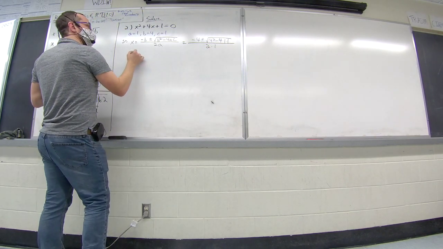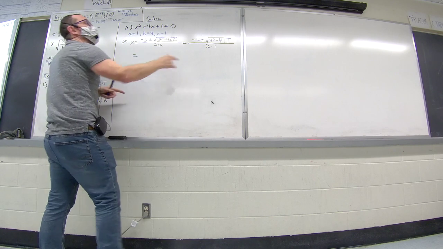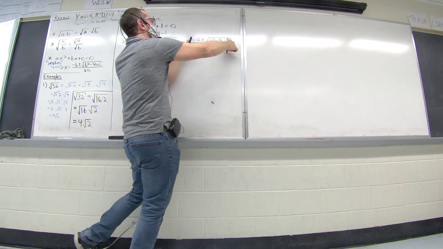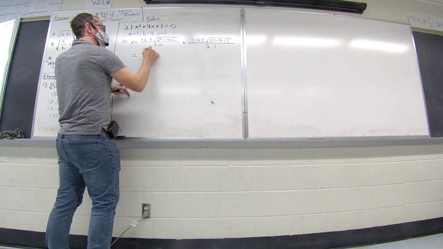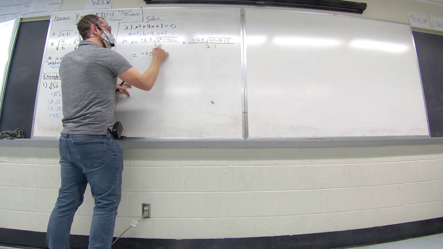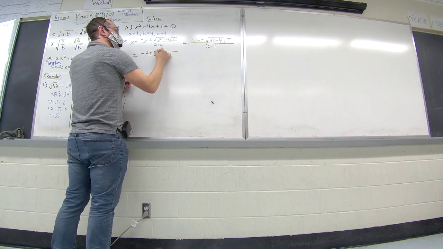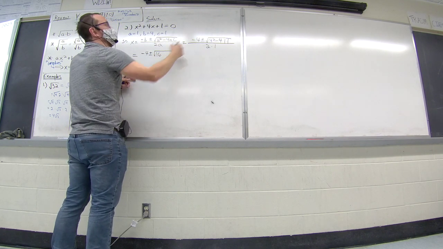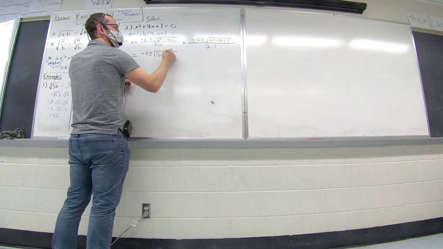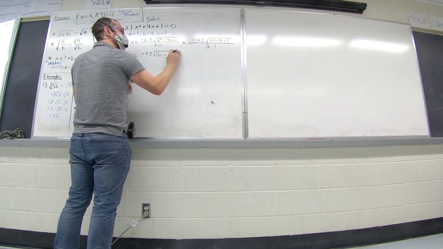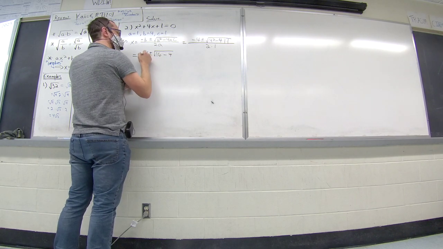Okay, and then this equals sign, I'm going to rewrite this entire thing, but I'm going to do some simplifying. What do I write instead of 4 squared? Why can I do that? Because 4 squared is 16. What do I write instead of 4 times 1 times 1? Just 4, because 4 times 1 times 1 is 4.